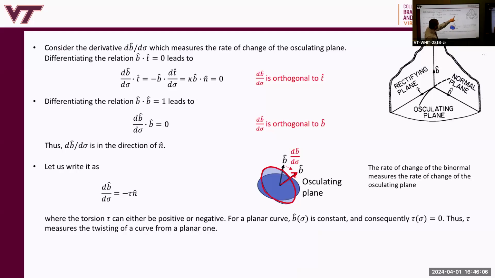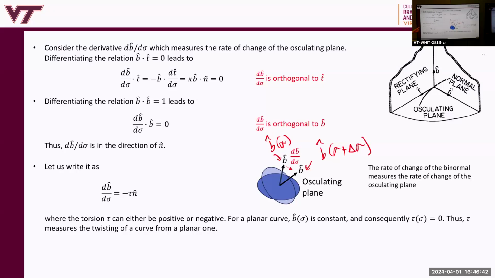dB/dσ we know is orthogonal to b. So it's the vector orthogonal to b that's B hat of σ plus delta σ minus B hat of σ divided by delta σ, as delta σ goes to 0. So this dB/dσ is orthogonal to B. This should really probably say B hat of σ, and this one should probably say B hat of σ plus delta σ.